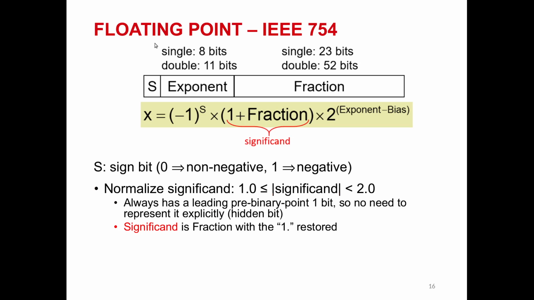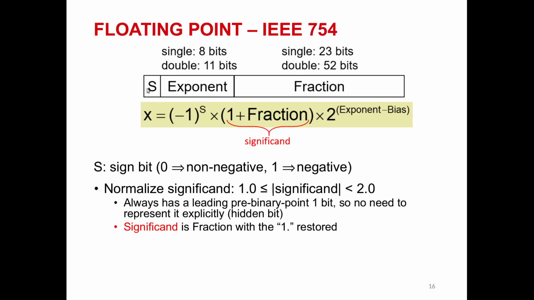That's why we need a floating point, in order to be able to store a larger value, and also in order to have the fraction value. So here is the structure of a floating point value.